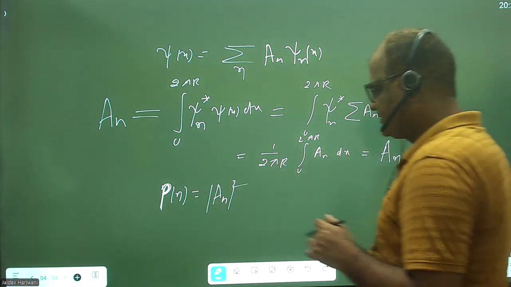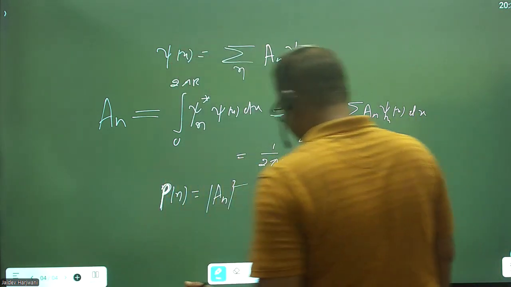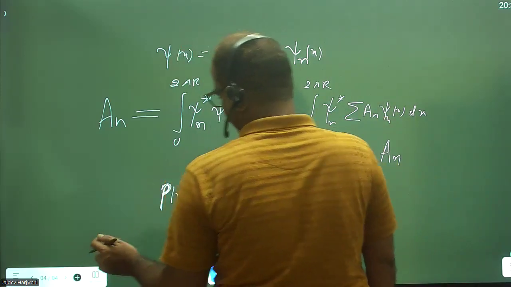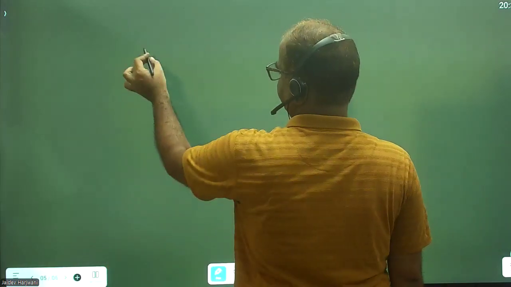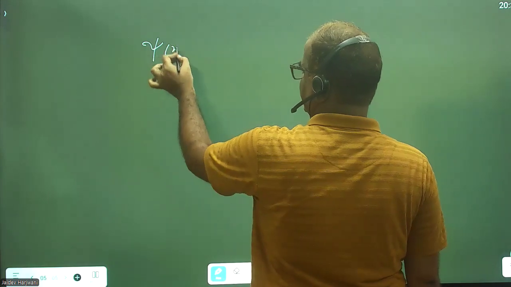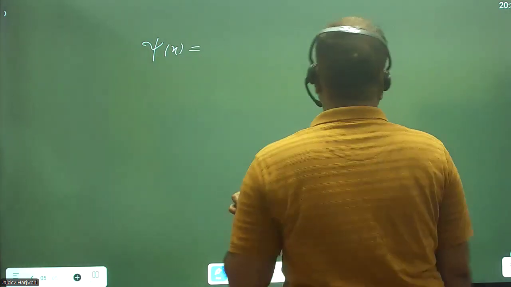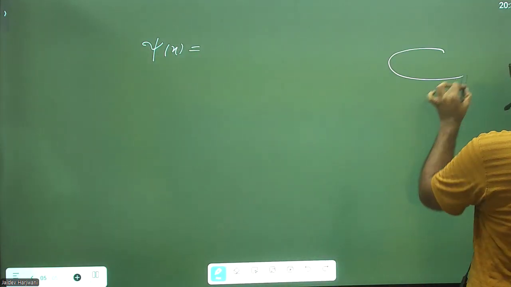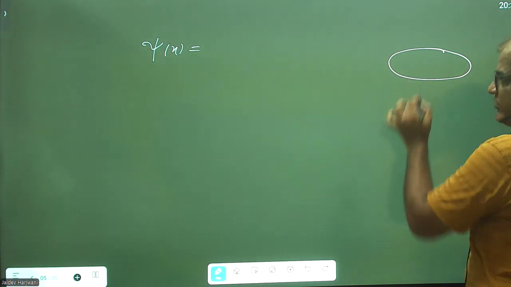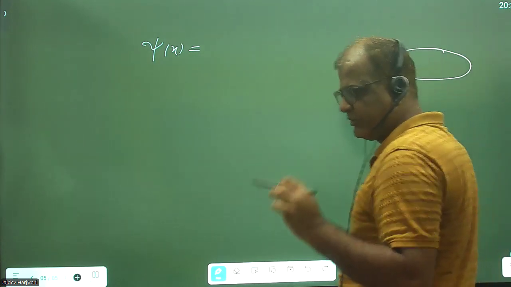So let us take one example. Say I'm taking a simple example. Say my psi x, we have a circular ring, and I am taking a periodic function here. Remember, this should be periodic.